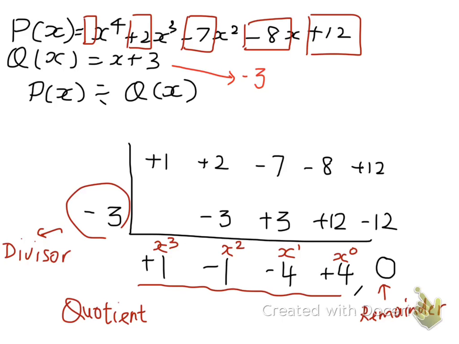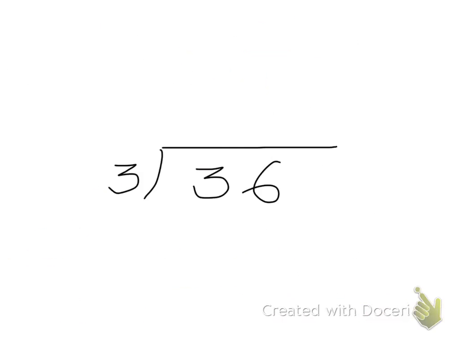So you write it that way, isn't it? So what do you have right now when you divide? px divided by qx equals x cubed minus x squared minus 4x plus 4. And what's the remainder? 0.